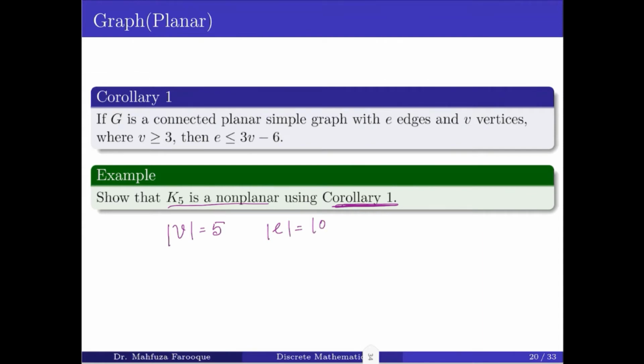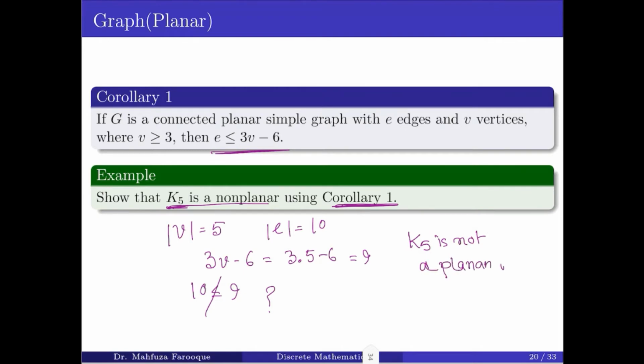Now 3 times V minus 6 gives 3 times 5 minus 6, which is 9. Is 10 less than or equal to 9? No, right? Since for K5 this inequality is not satisfied, we can say that K5 is not a planar graph.